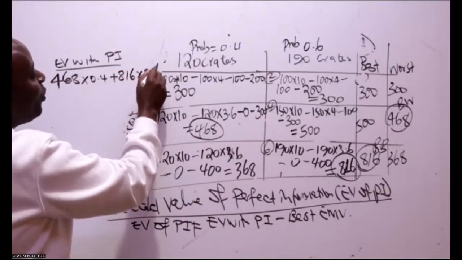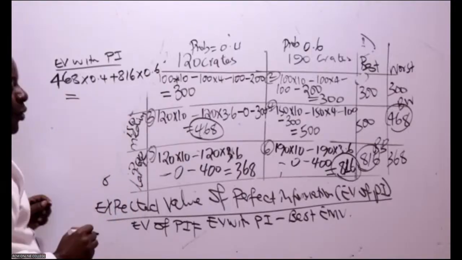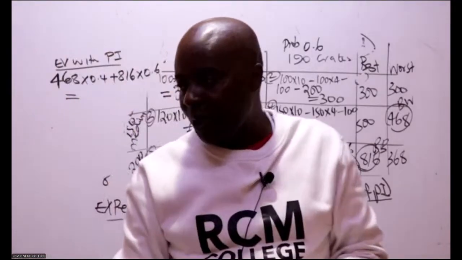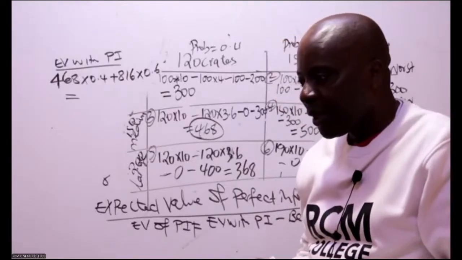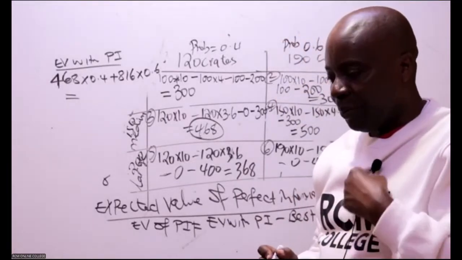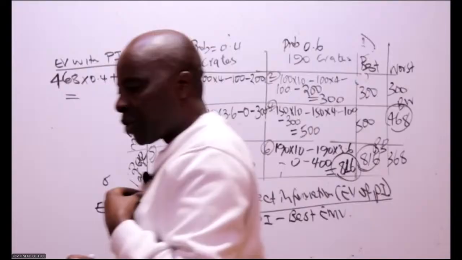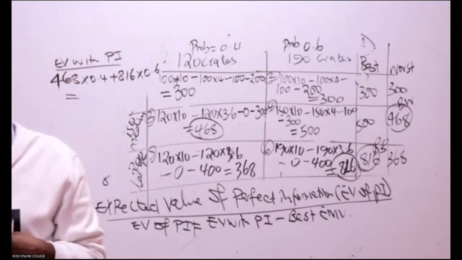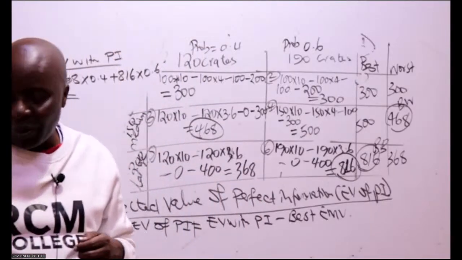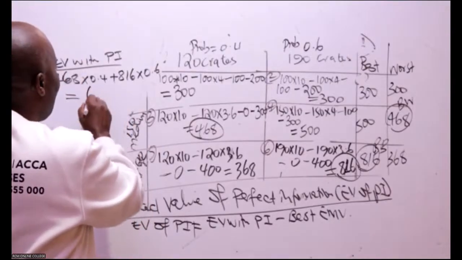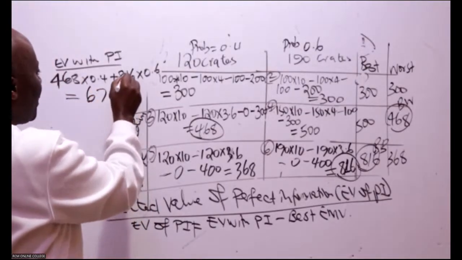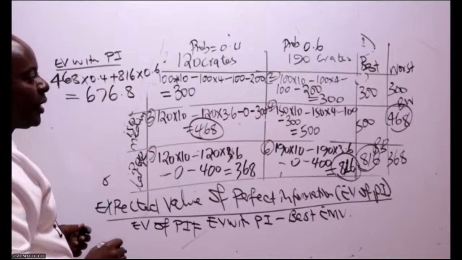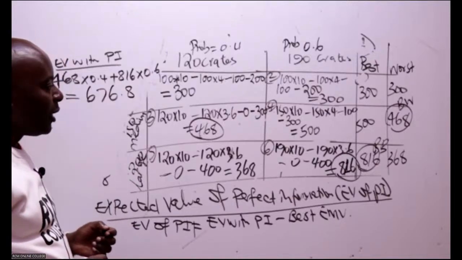Is there somebody who is able to give me this expected value with perfect information? I'm being told it is 676.8. Sheila is saying the volume is a bit low. I'll be able to do something.